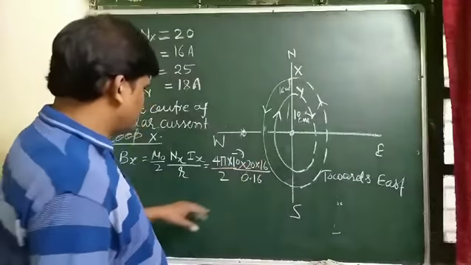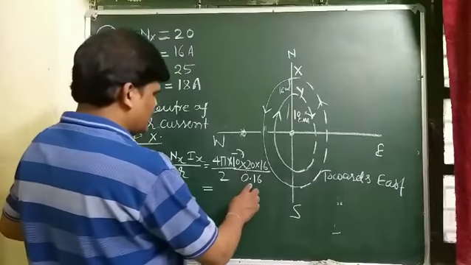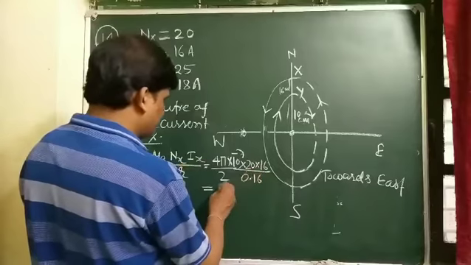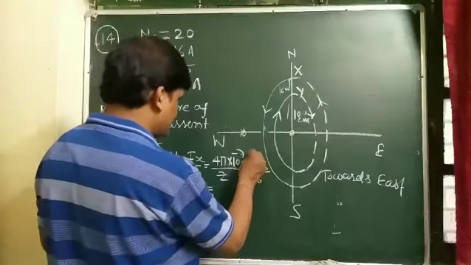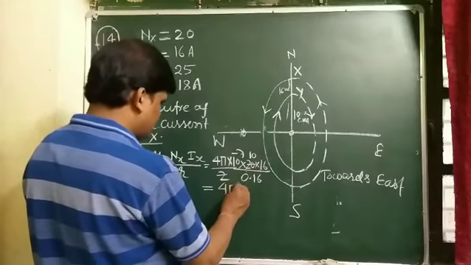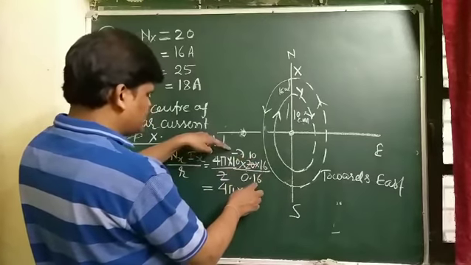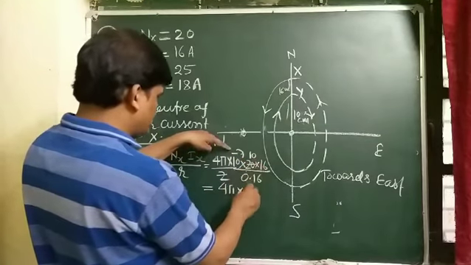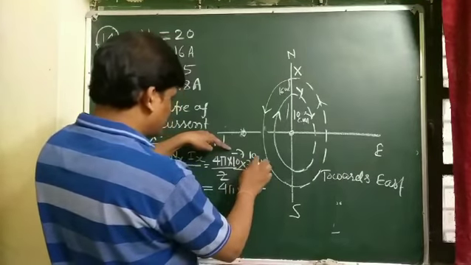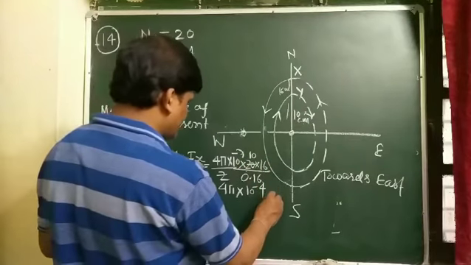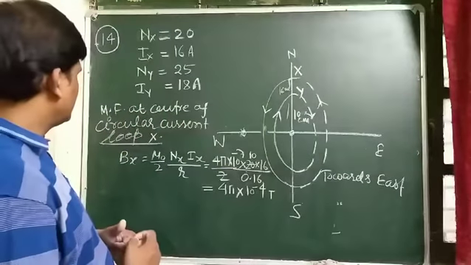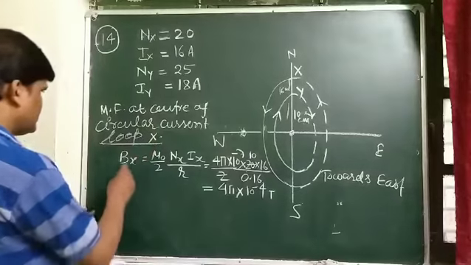And student, the 16 cancels out, so it can be written as 4 pi into 10 to the power minus 7 into 10 to the power 3, which is 4 pi into 10 to the power minus 4 Tesla towards east.